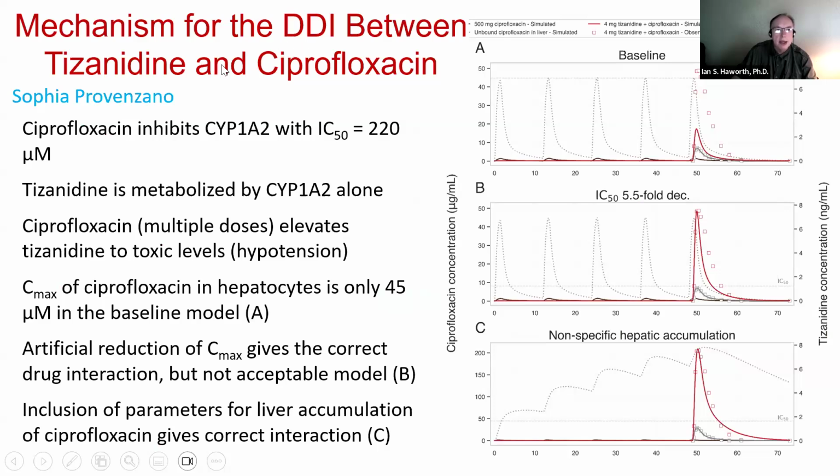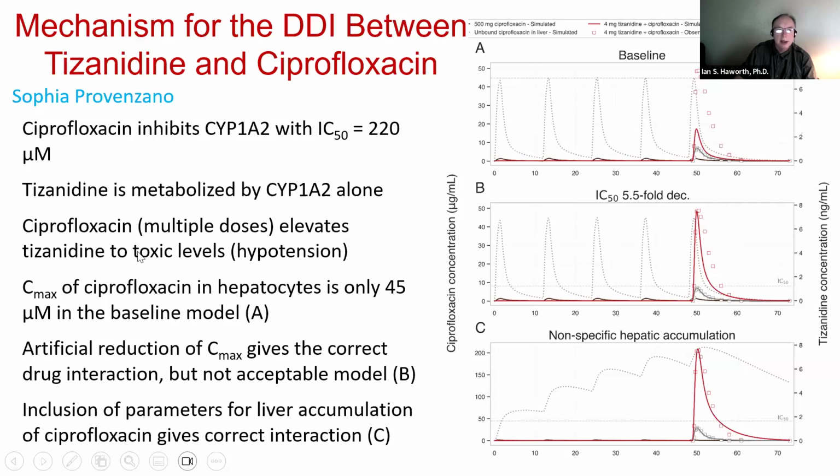So the basic background here is that ciprofloxacin is a CYP1A2 inhibitor, IC50 220 micromolar. So that's a very high IC50. You need a high concentration of ciprofloxacin to inhibit CYP1A2. Tizanidine is metabolized by CYP1A2, so qualitatively you can see that ciprofloxacin could block tizanidine metabolism, and that does happen.